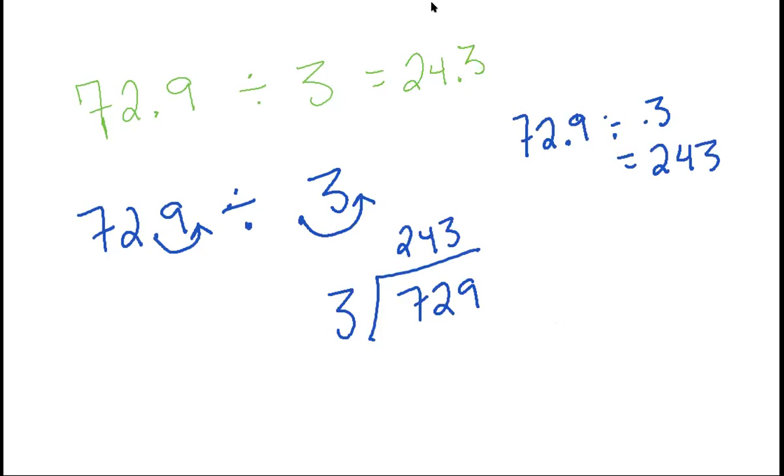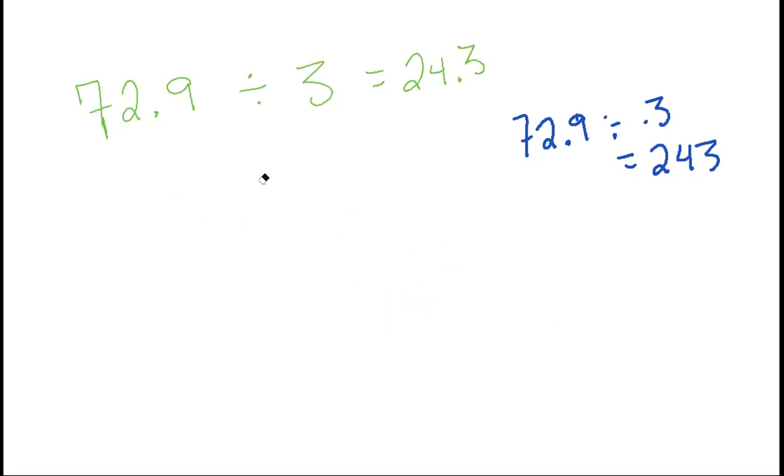All right. One more example. Use my eraser again. What happens if I start off without a decimal in my dividend, but I do have a decimal in my divisor?